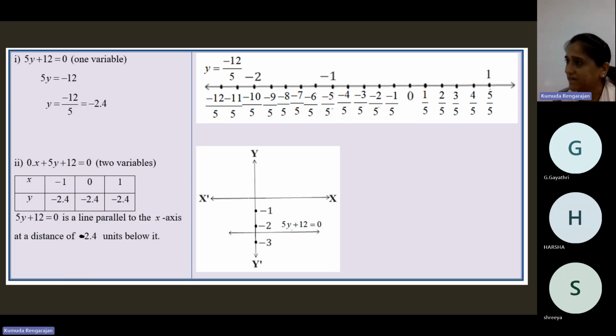When the distance is negative, if it is parallel to the x-axis, it's below. If it's parallel to the y-axis, it is to the left. Sometimes they'll give you both, so don't be very strict with all this, okay?